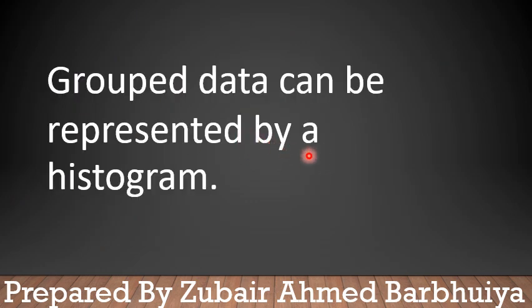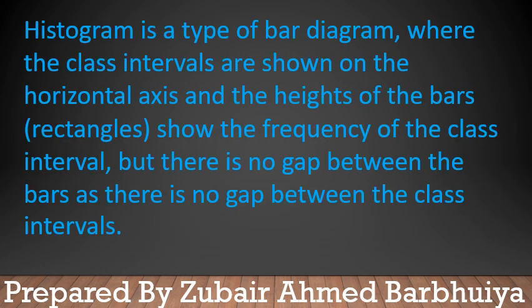Grouped data can be represented by a histogram, and ungrouped data can be represented by a bar graph or bar diagram, single bar or double bar. A histogram is a type of bar diagram where the class intervals are shown on the horizontal axis, and the heights of the bars, that is rectangles, show the frequency of the class interval.